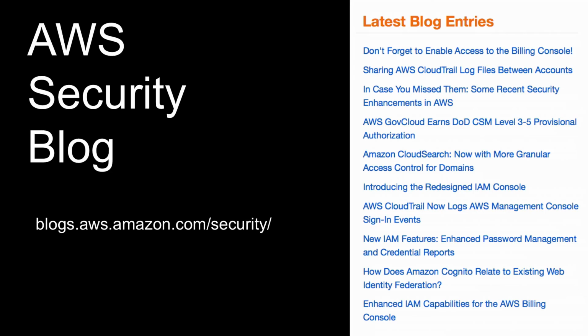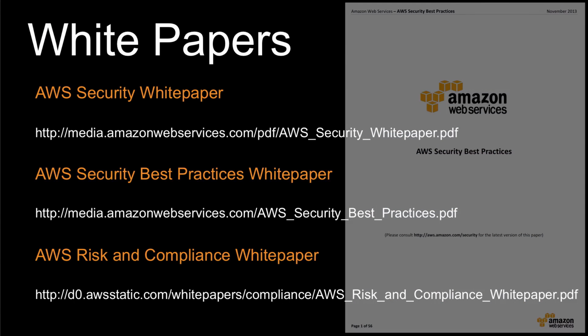So there's lots of good stuff here. If you're interested in security best practices and maybe in developing your knowledge of security on AWS, it would be a good destination for you to check out, blogs.aws.amazon.com/security.